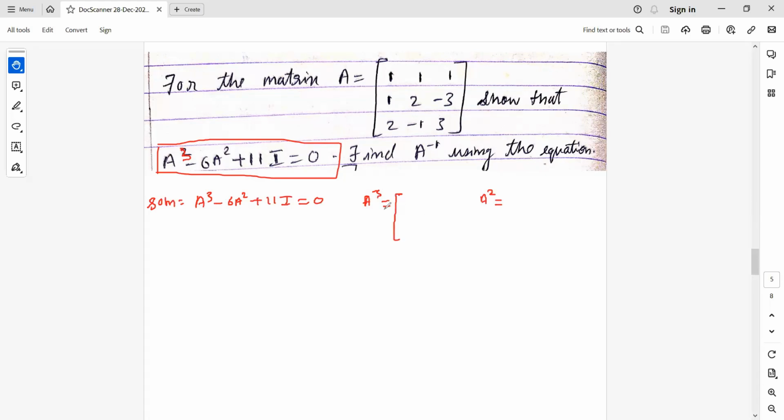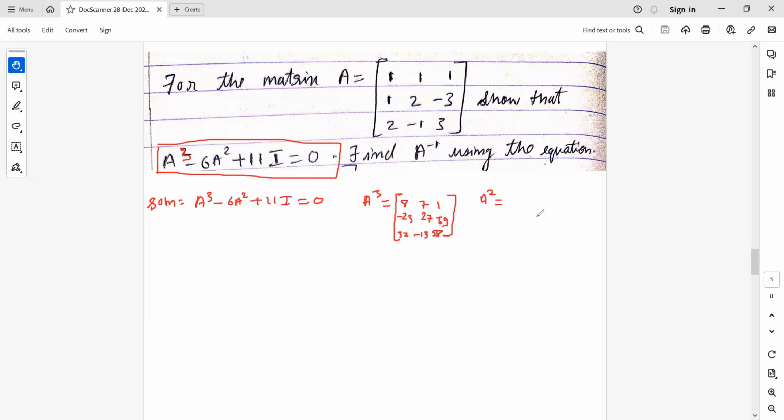So the value for A cube is 871, then minus 23, 27 and minus 69, and then we have 32, minus 13, and 58. Okay, that is the value of A cube.